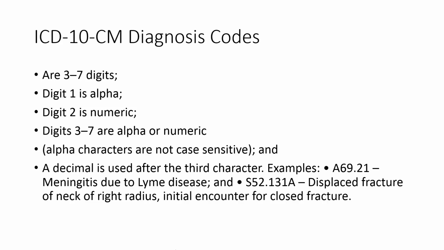Once you pick that, it will prompt you: is it initial encounter, subsequent encounter, or sequela? Not all codes require laterality. Certain codes require laterality, and certain codes do not, and that's where we come in. Allegiance MD EHR will make sure that the right code is picked.